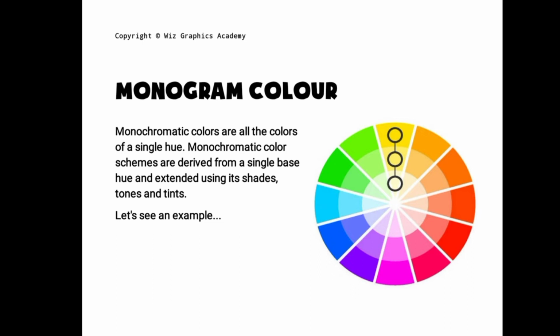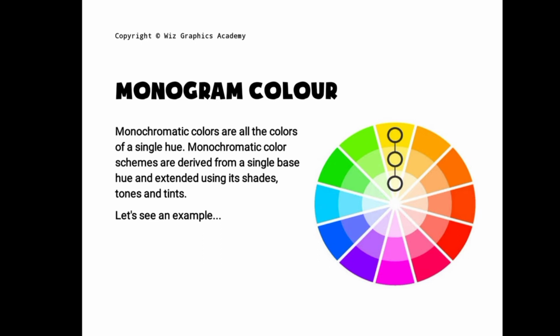This color scheme involves you picking a particular color and then using a different shade of that particular color. For instance, you pick a yellow, then you pick a dark yellow, then you pick a yellow that is darker than the first one you chose, things like that.